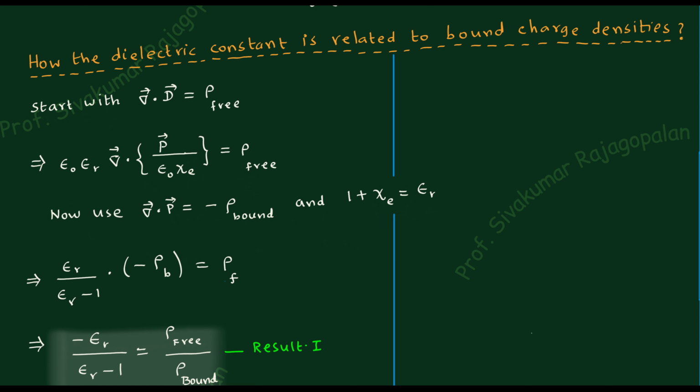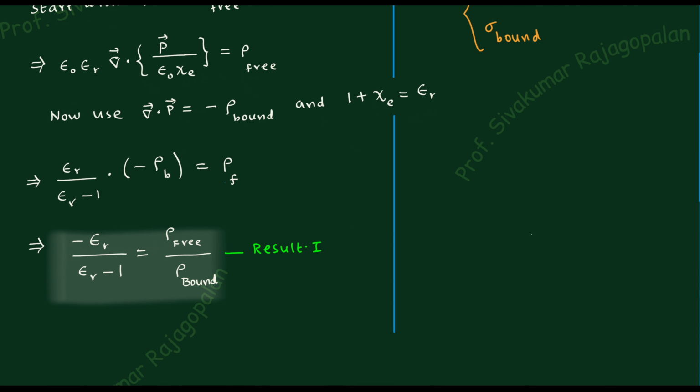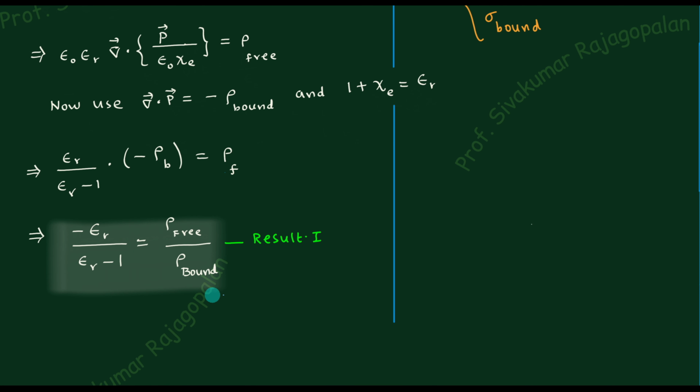In the title I have written bound charge densities, right? So for the bound charge density, you should always remember that there are two types. One is the volume bound charge density, and the other is sigma, the surface charge density. We need the relation for both of them. Right now what we have calculated is only for rho bound. That is a point to be noted, so that is why I am saying it is result 1.